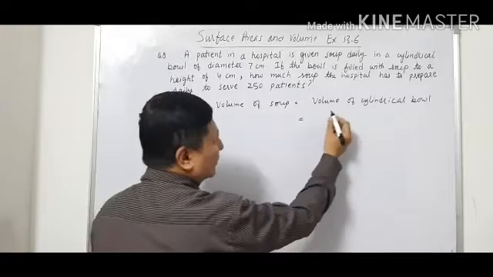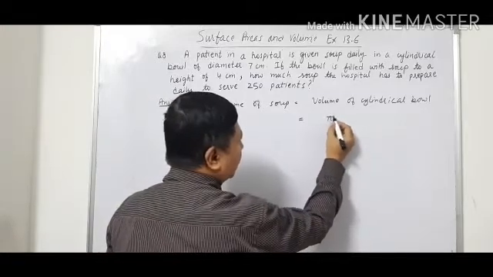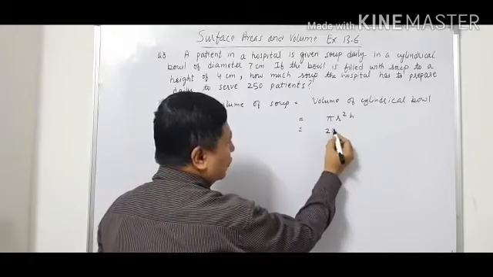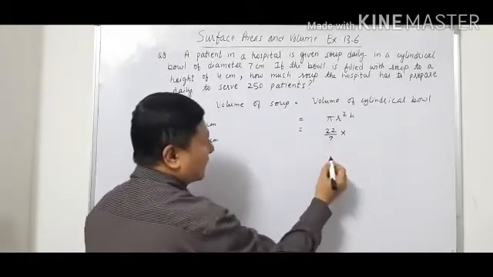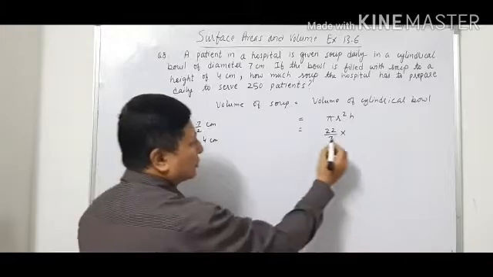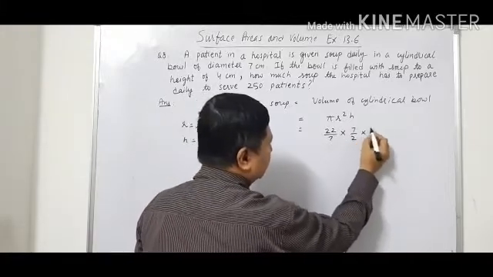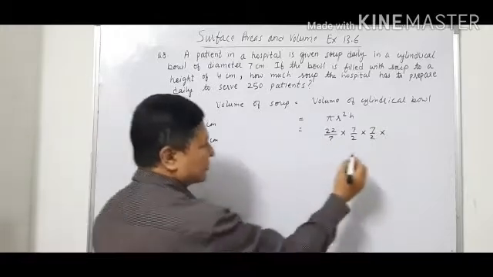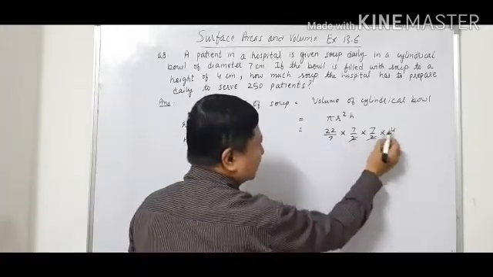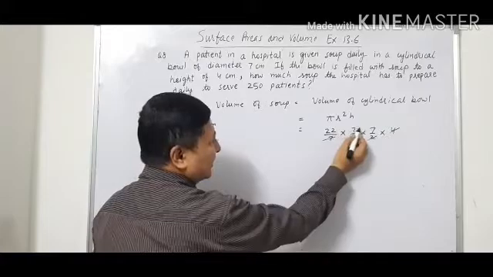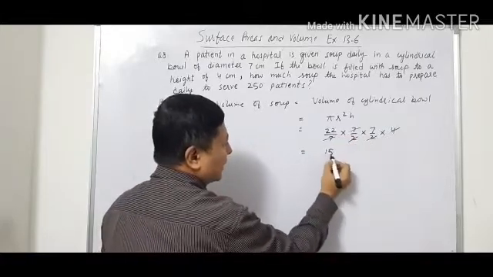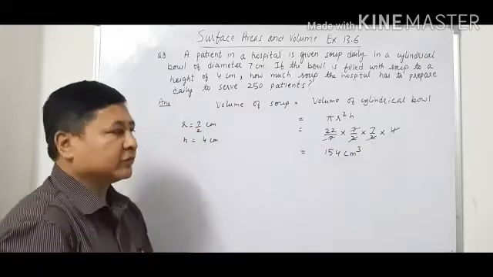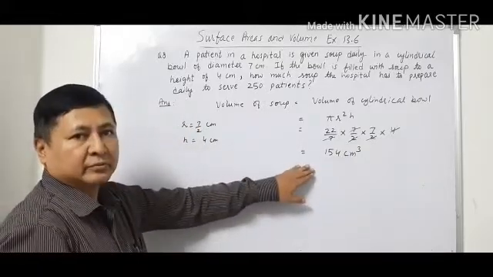The volume is given by the formula pi r square h, that is 22 upon 7 into 7 upon 2 into 7 upon 2 into 4. Cancel this 4, and this 7 will cancel this. So it is 154 centimeter cube.